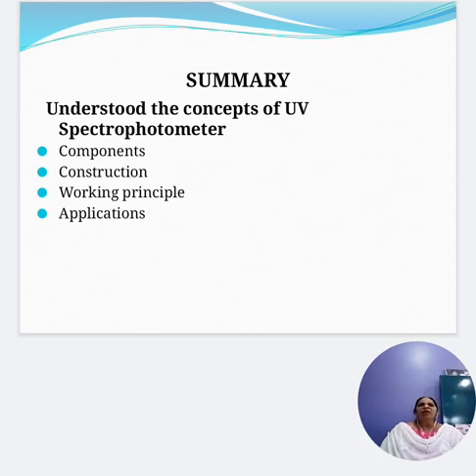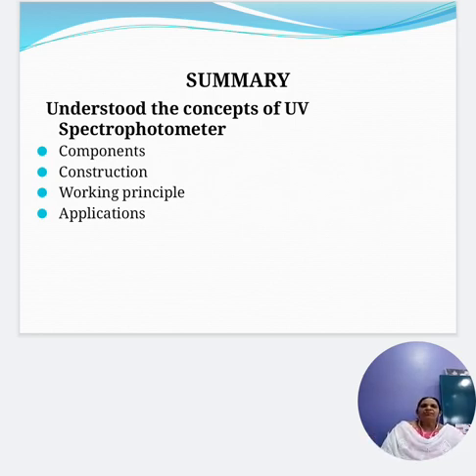Ultraviolet spectroscopy is a type of absorption spectroscopy in which light of the ultraviolet region, ranging from 200 nanometers to 400 nanometers, is absorbed by the molecules of the sample, which results in excitation of the electrons from lower energy levels, from the ground state to a higher energy state.